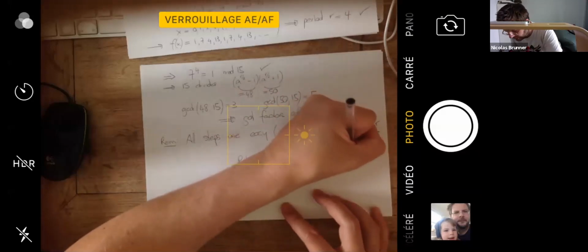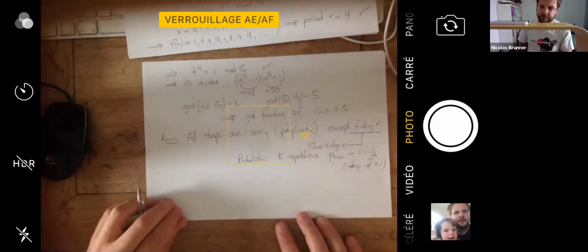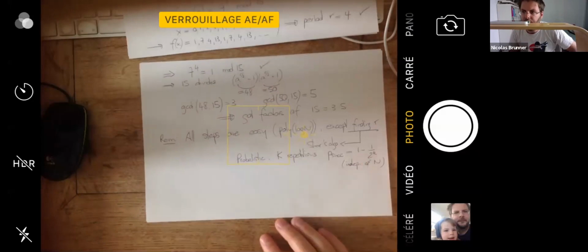Okay, and this success probability is independent of n. So it's not guaranteed to work in one round, but we just need to do a number of rounds, and then we can make the probability of error arbitrarily small.